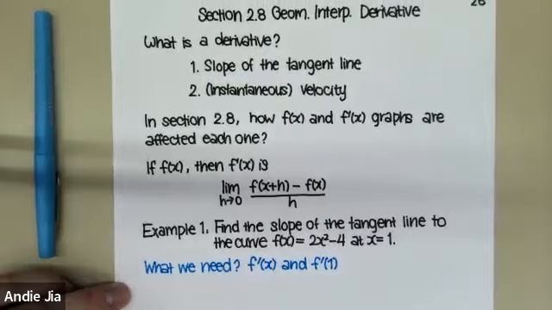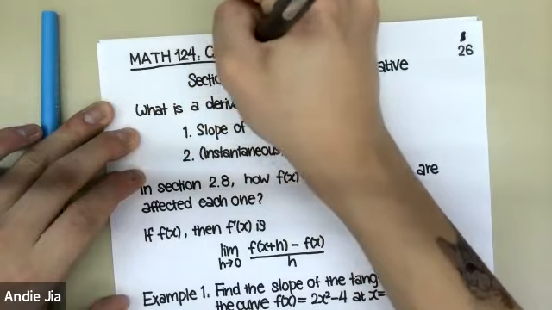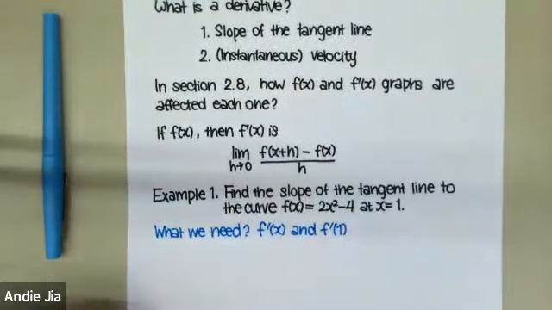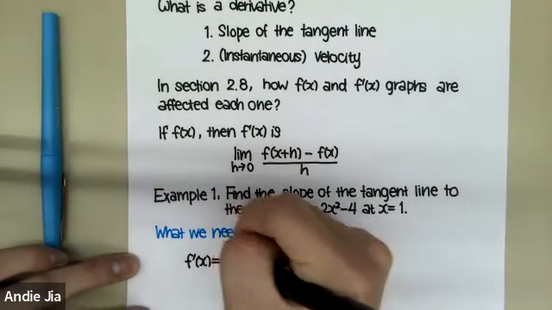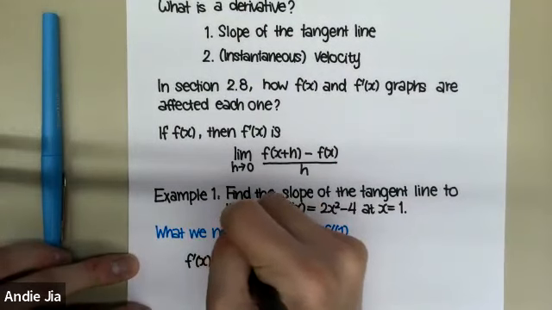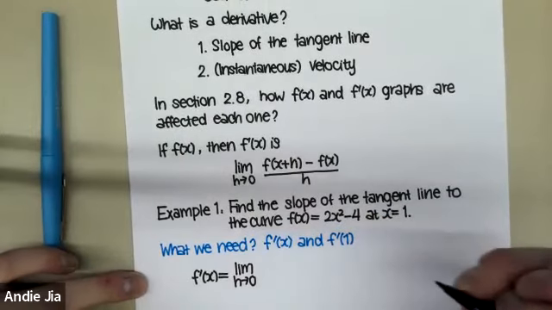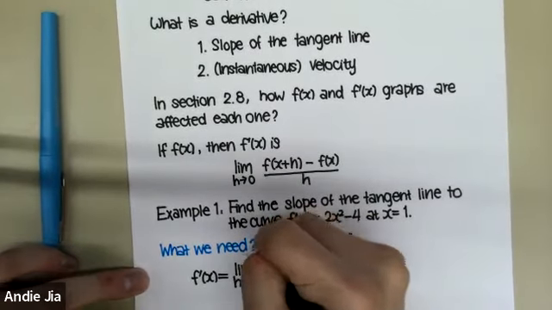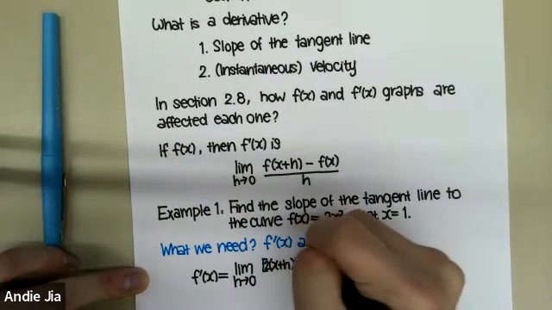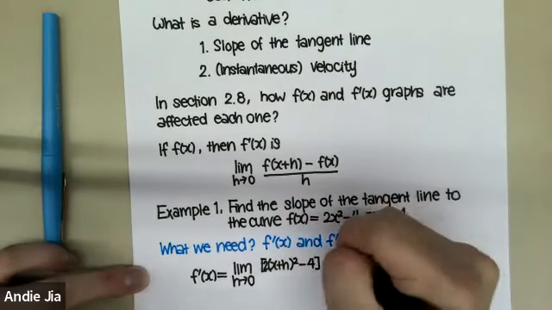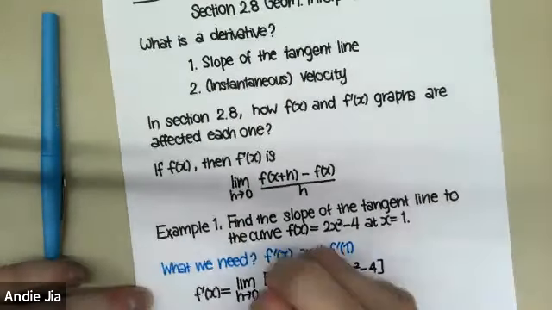So do a limit trick. f prime of x is the limit as h approaches 0 of 2 times (x plus h) squared minus 4, minus (2x squared minus 4), over h.